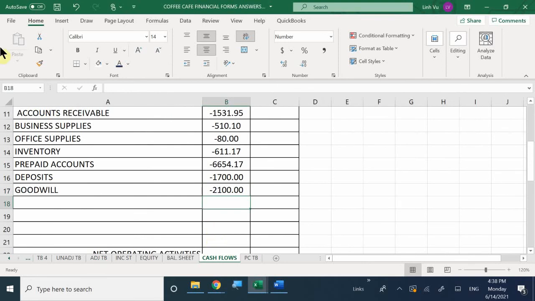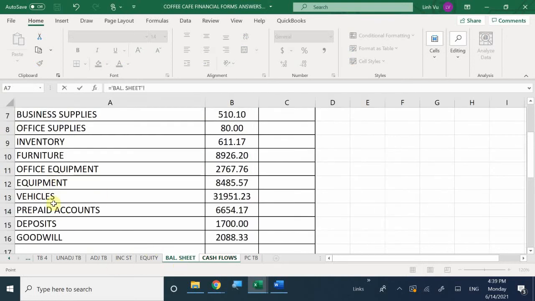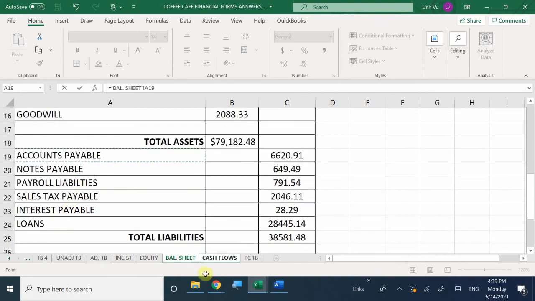Now I have to go through all my liabilities too because liabilities is also going to be part of your operating activities. So the first one here is accounts payable. Okay, so balance sheet. My liability is going to be accounts payable. Now here's the question.